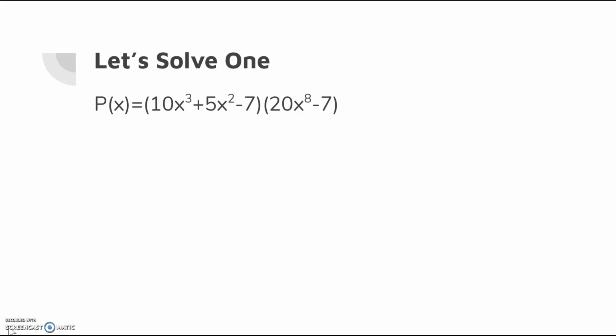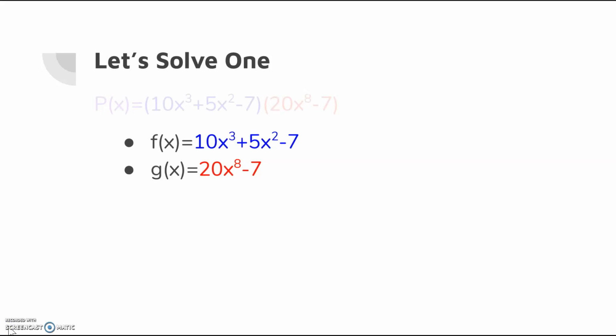In this one, we have 10x cubed plus 5x squared minus 7 times 20x to the 8th minus 7. In this case, we can see that f of x, or the first function, is 10x cubed plus 5x squared minus 7, and g of x, or the second function, is 20x to the 8th minus 7.